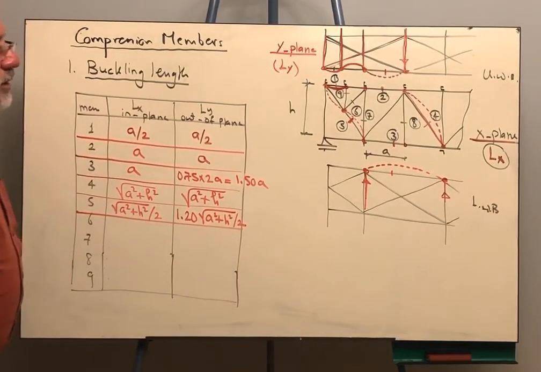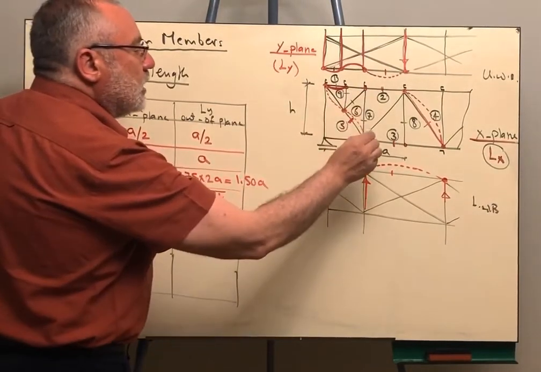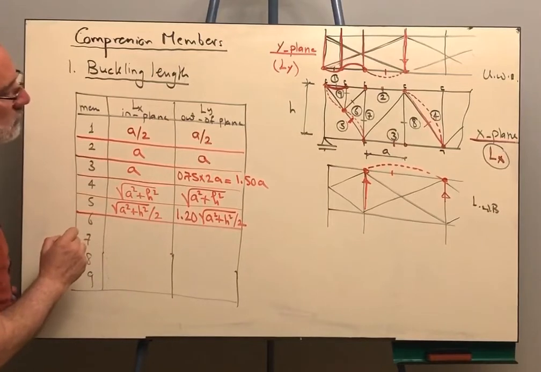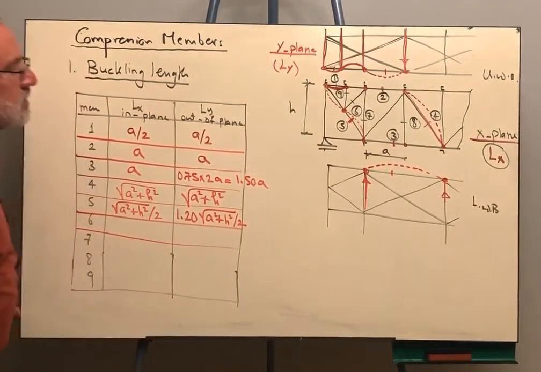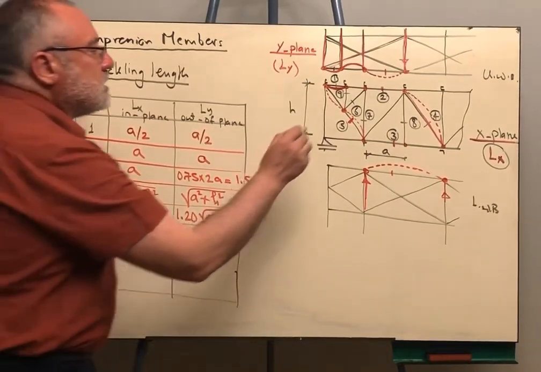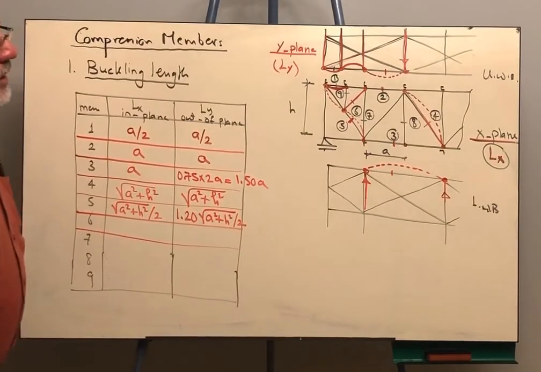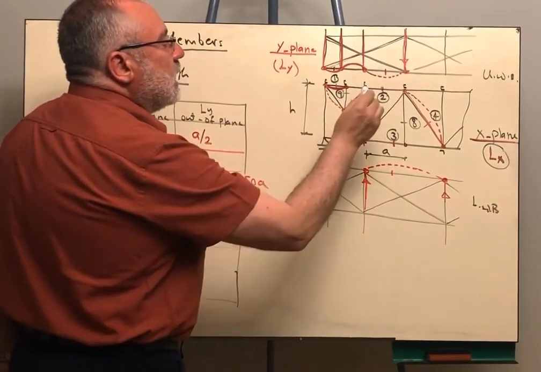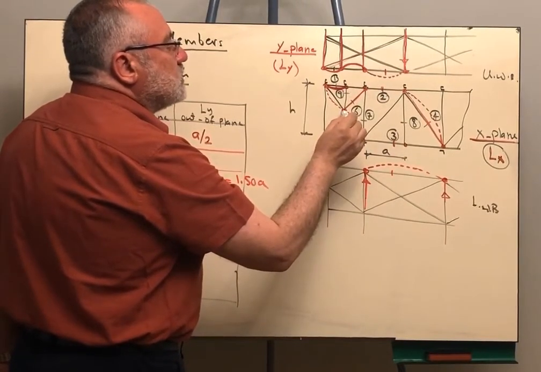Okay? Member 7. Member 7, again, in plane buckling length will be the length h. This is member 5. Member 6, I'm sorry. Let us see member 6. Member 6 is that member. Again, in the in plane, it will be this length, and in the out of plane, it is braced at this point and unbraced at this point.